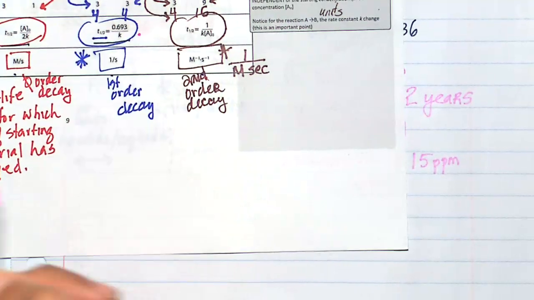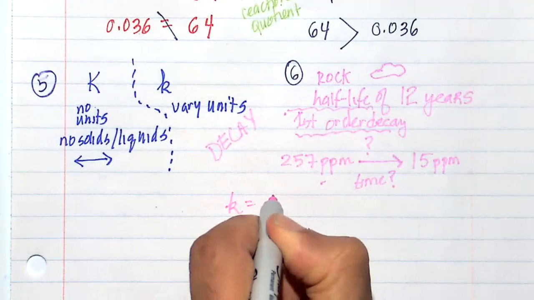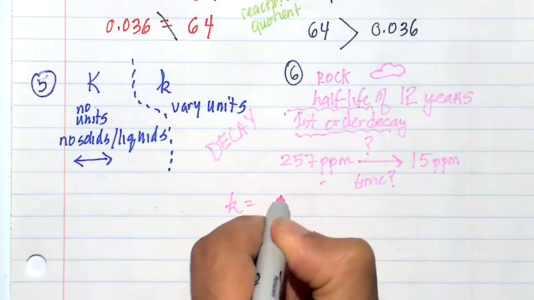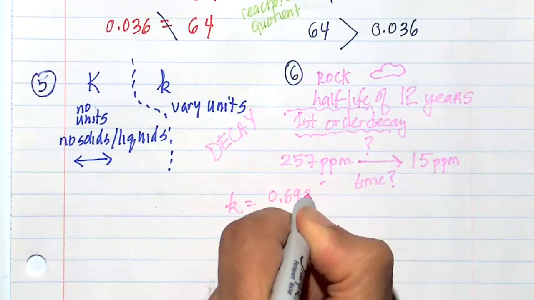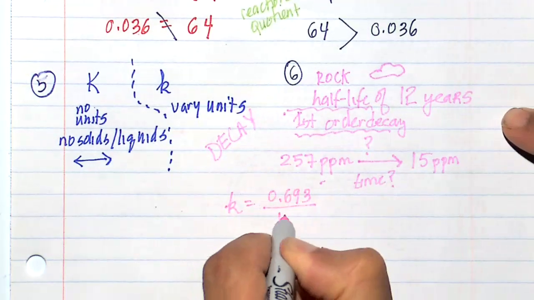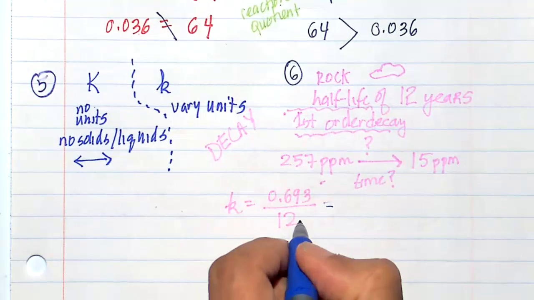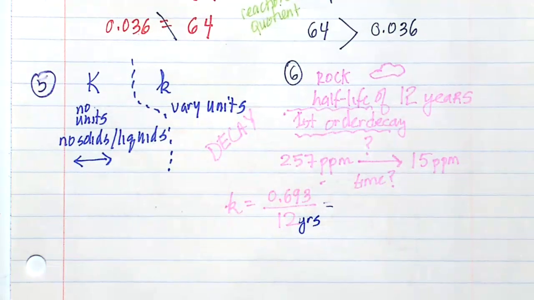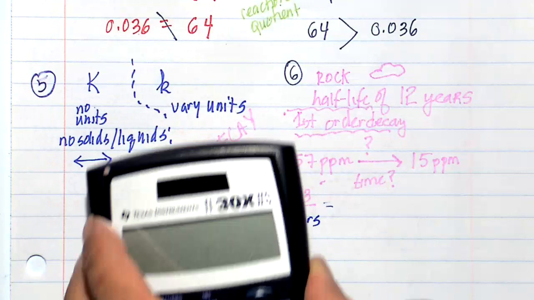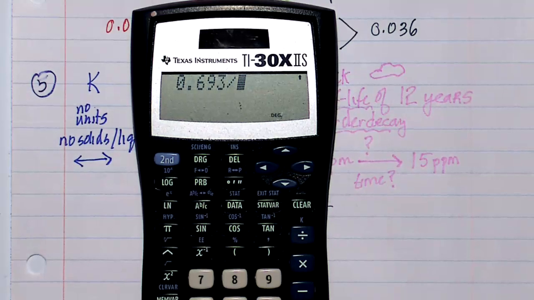So we're going to use this right here. Solve for k. The half-life, they tell us, is 12 years. So 0.693 divided by 12 is going to be 0.0578.